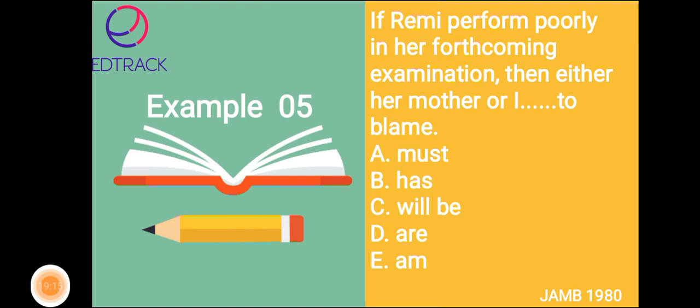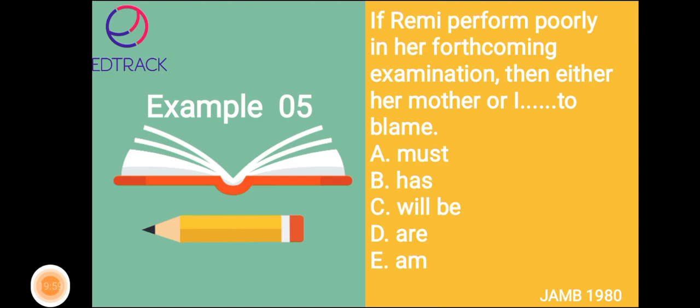The rule of Concord on this is that when you have a word like or, either or, neither nor in any sentence, it is the closest word that is going to determine what verb to use. The closest word to where the verb is going to be is what is going to determine whether the verb is going to be singular or plural.